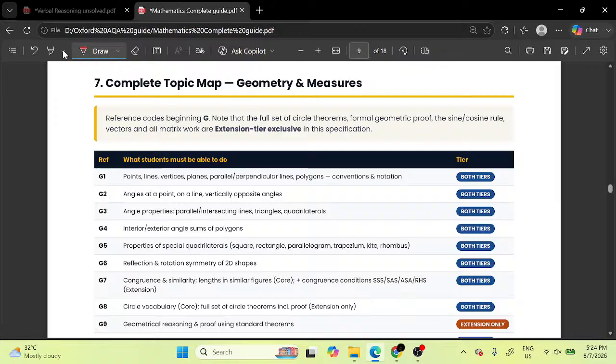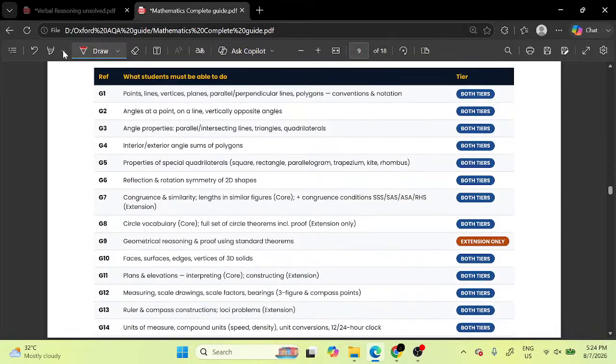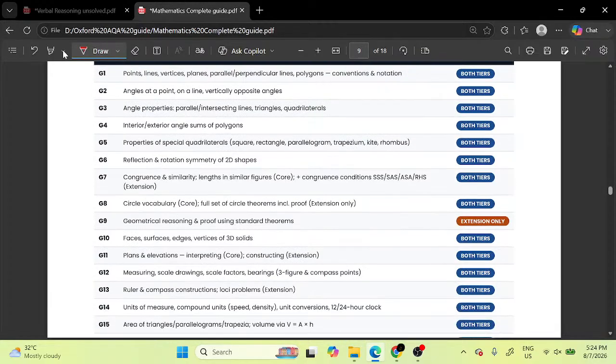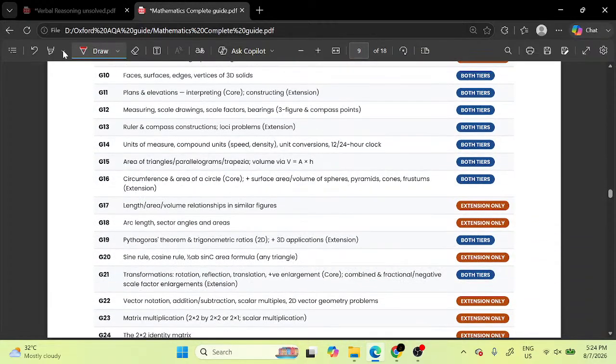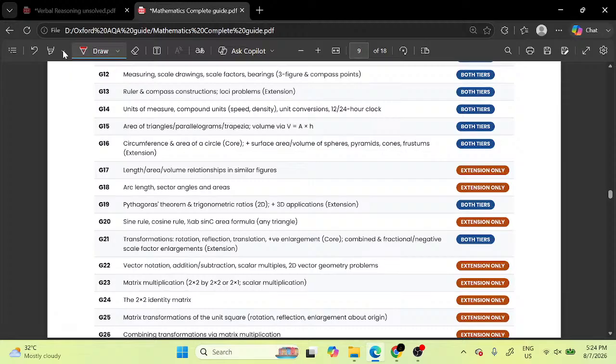For geometry, only geometrical reasoning and proof using standard theorems is tested in extended, otherwise all of the topics are also tested in the core as well. Length, area, volume relationships in similar figures are also tested only in extension. Arc length, sector angle and areas are also tested only in extension.